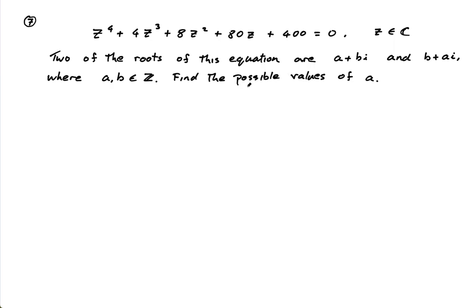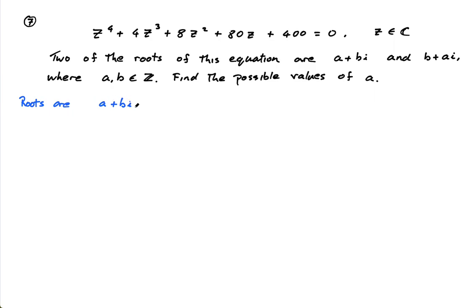Okay, now the first key step to this question is to note that if a plus bi is a root, we remember that roots of complex equations always come in conjugate pairs.